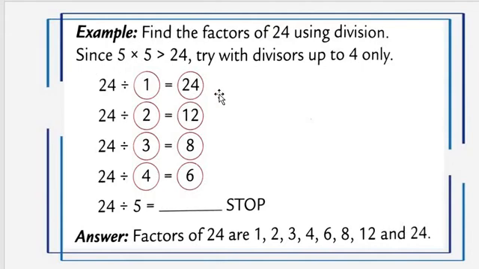See, my dear students, 5 5s are 25. 24 is less than 25. Try with a divisor up to 4 only. Okay, 4 only. So here we are finding the factors of 24, my dear students. Okay, so let's check. 24 divided by 1.